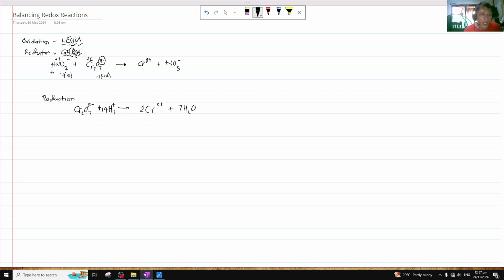You need to put on the reduction side 6 electrons. Why? 6 electrons minus the 12 positive, you would have a 6 positive here. So that is also balanced with here. Okay? 6 positive. So that must be it. So this is already balanced by charge and by atoms.